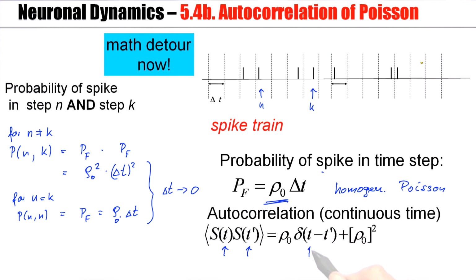However, if t and t prime are identical, then I just get rho zero. So the autocorrelation is a density. It's sort of a double density. I have to integrate twice to get back something similar to a probability.